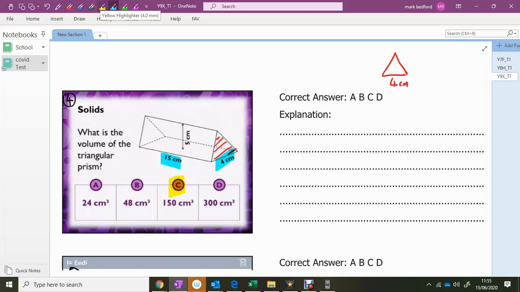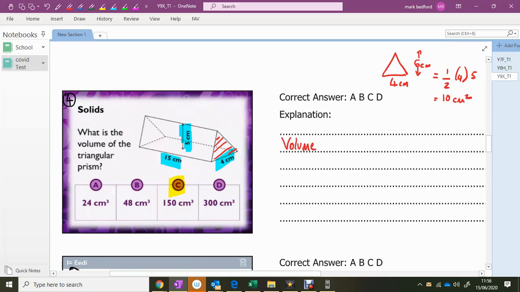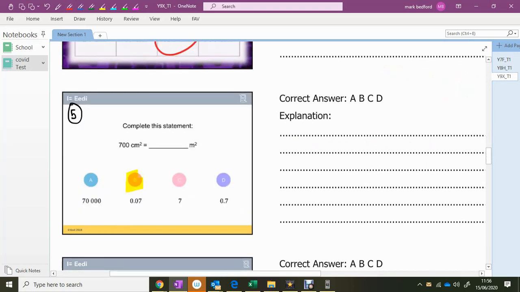We know the height of this is 5 centimeters. This is basic: find the area of a triangle. Half the base times the height. Half of 4 is 2. 2 times 5 is 10 centimeters squared. To work out the volume then, we take our cross-sectional area, the 10 centimeters squared, and we times that by the length, the 15.